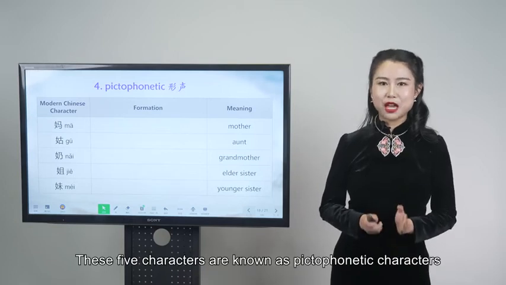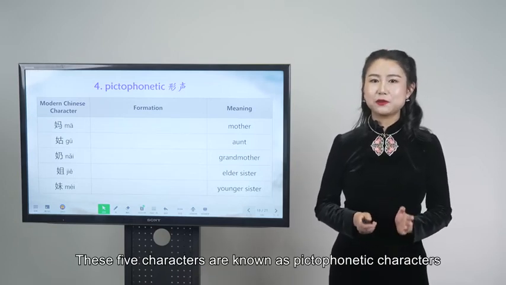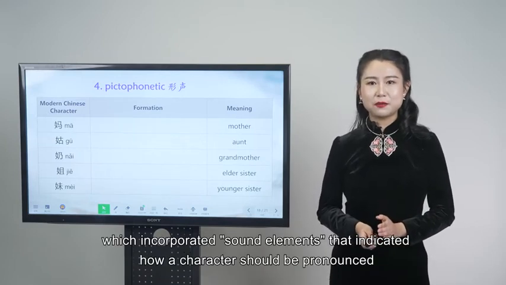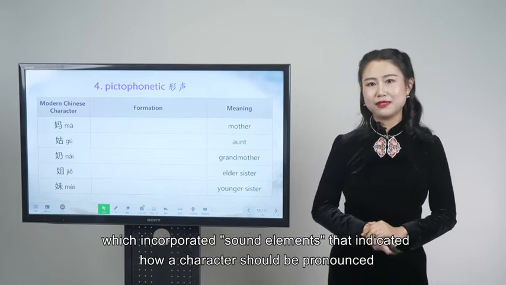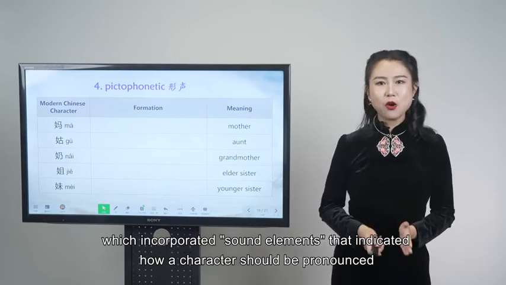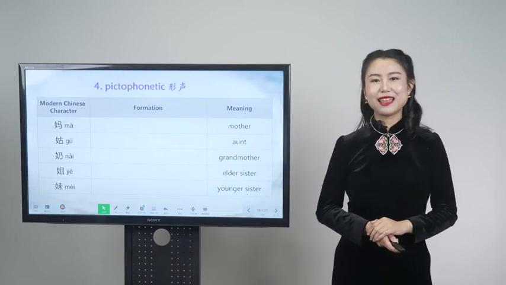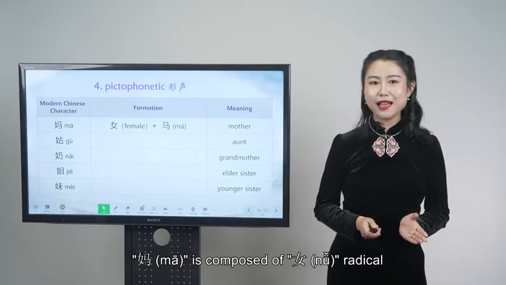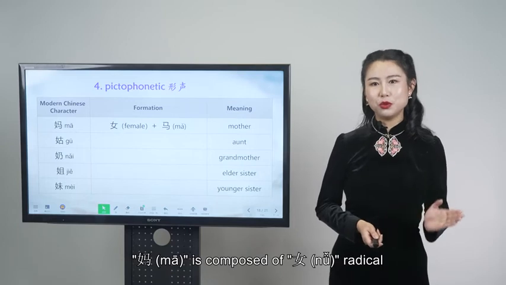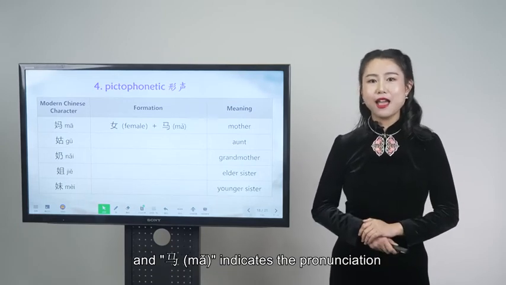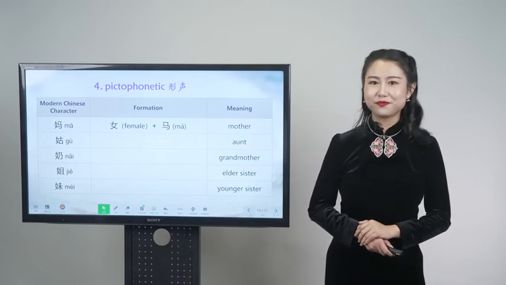These 5 characters are known as picto-phonetic characters, which incorporate sound elements that indicate how a Chinese character should be pronounced. This character, ma, is composed of 女 radical, which indicates the meaning, and 马 indicates pronunciation.